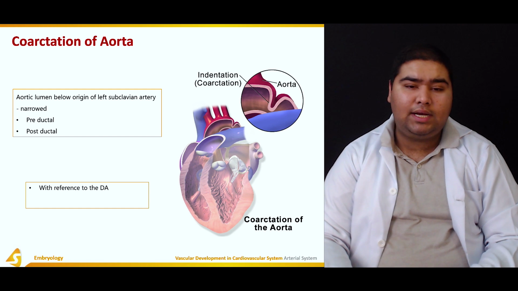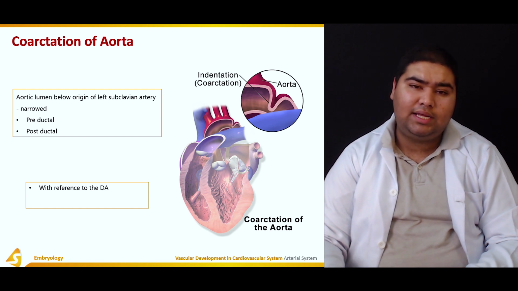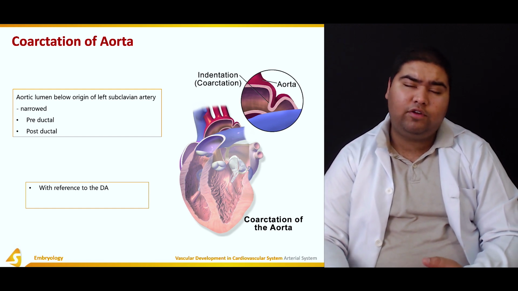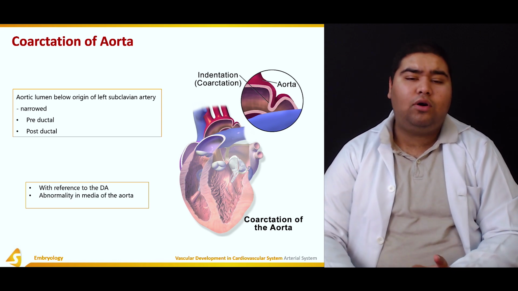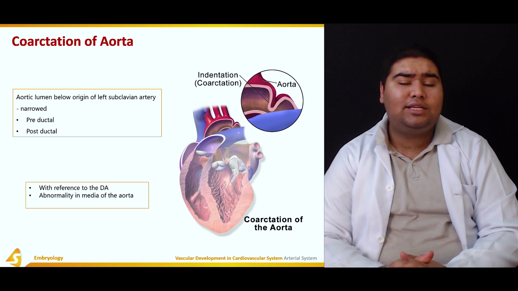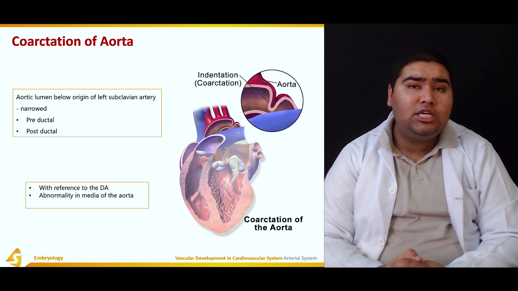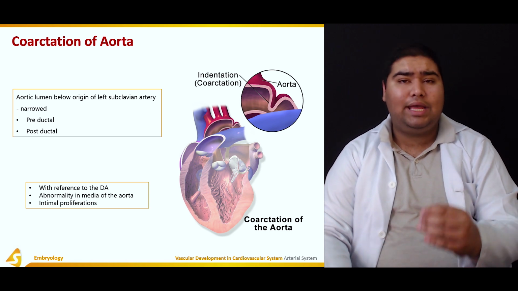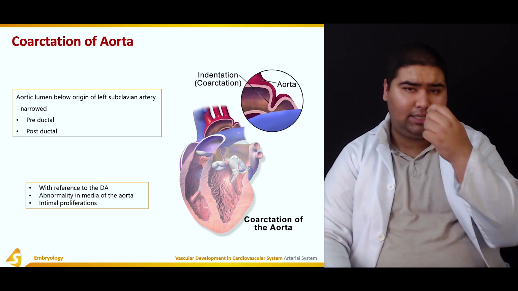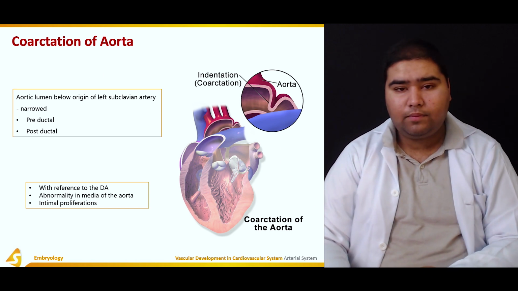So the preductal and postductal classification of the coarctation of aorta is according to the ductus arteriosus. It is thought that in this region there is abnormality in the media of the aorta, which leads to intimal proliferation, and hence an indentation or coarctation occurs.